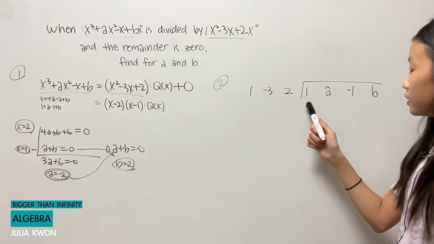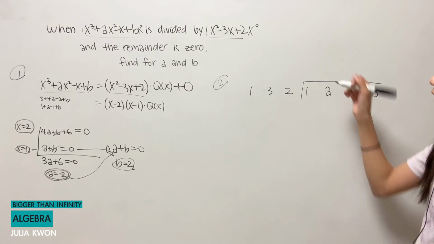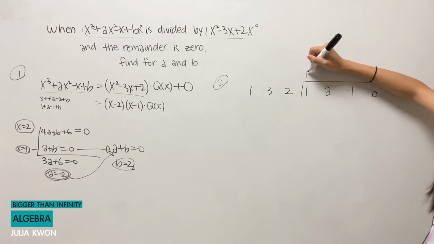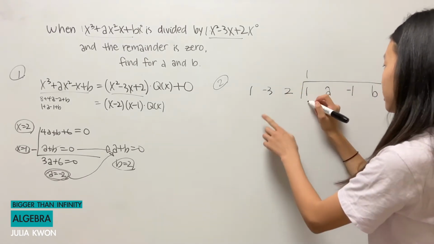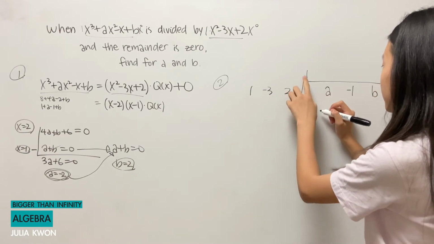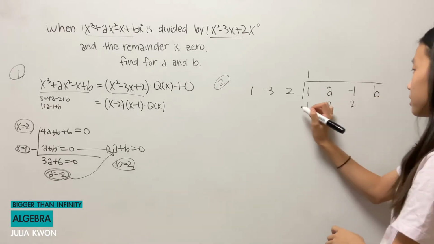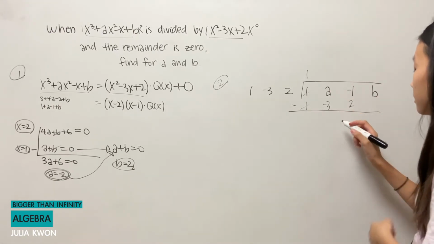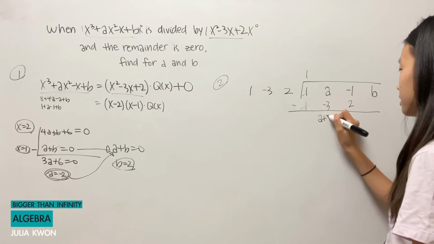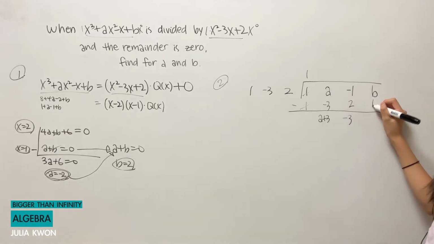So we want to get rid of the 1 here so that we can move on. We're going to multiply by 1. That will be 1 times 1 is 1, minus 3 times 1 is minus 3, 2 times 1 is 2. Subtract it, and these two cancel out. That will be a plus 3, and this will be minus 3. The b comes down.